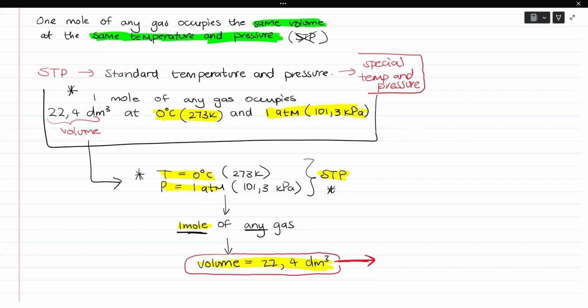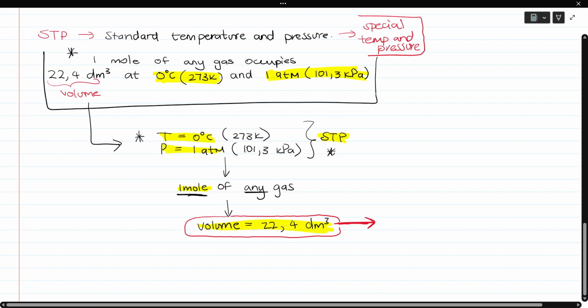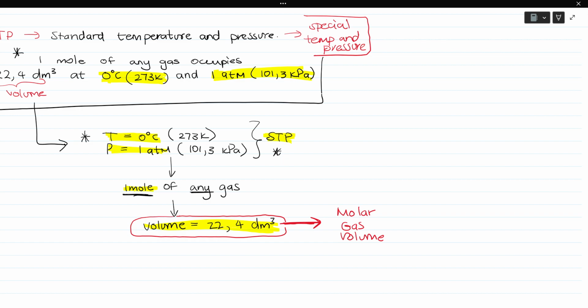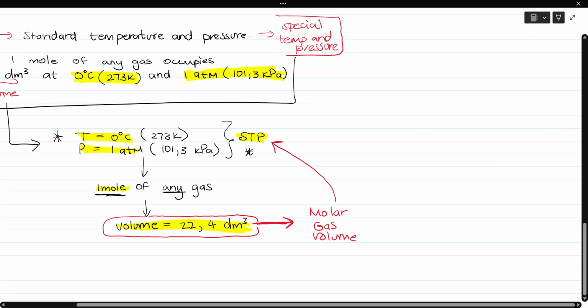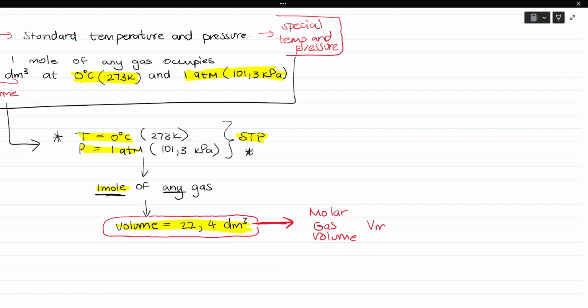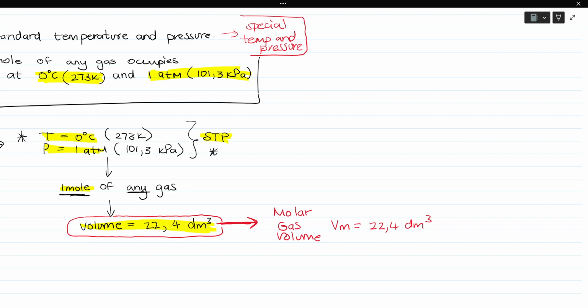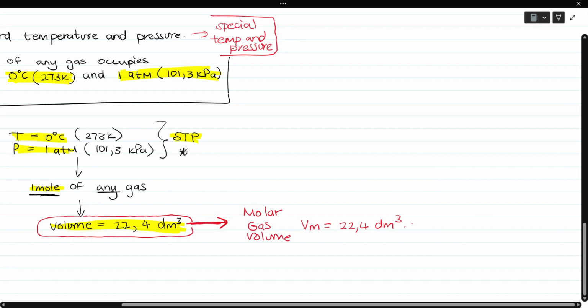We call it molar gas volume. Whenever you see molar gas volume, you're going to think it means STP conditions. It looks like Vm equal to that same value, 22.4 decimeters cubed per mole.